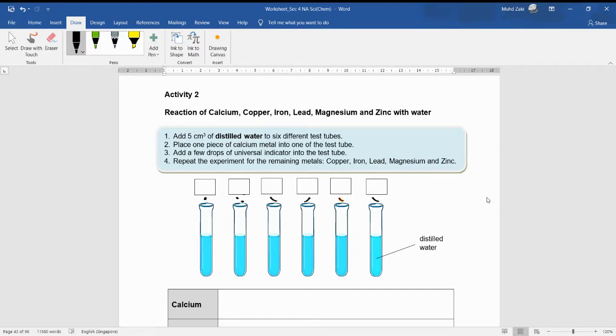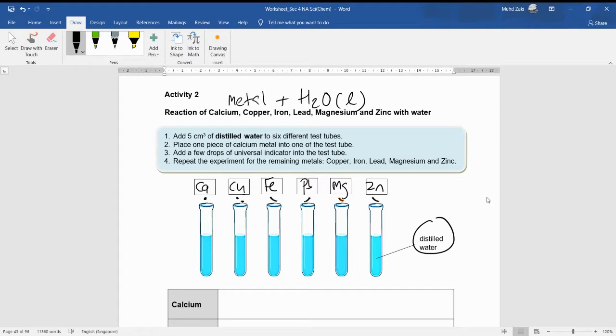In this experiment, you will need to put bits of metals like calcium, copper, iron, lead, magnesium, and zinc in water. This reaction is about metal and water, liquid.